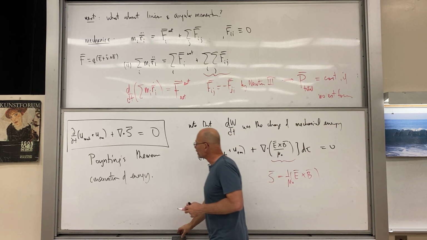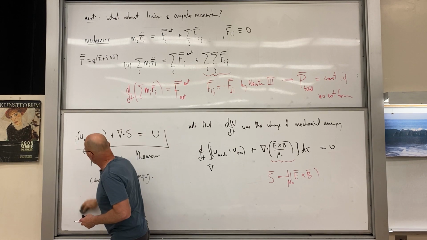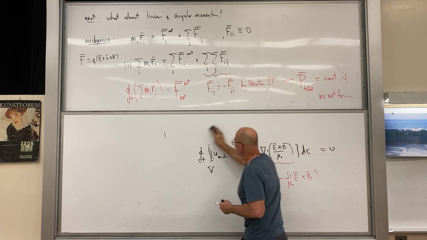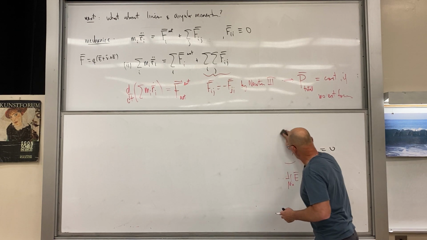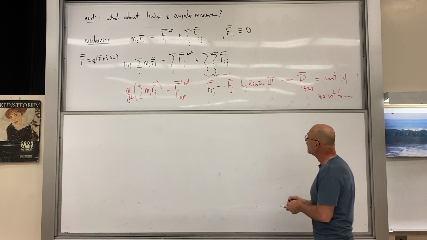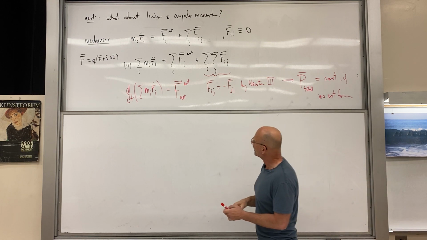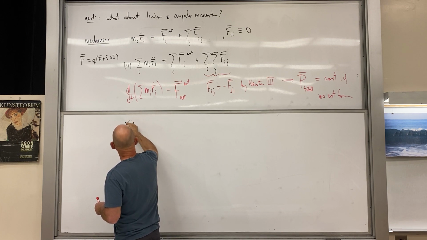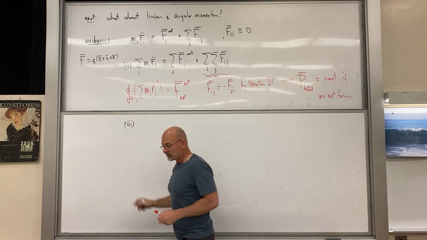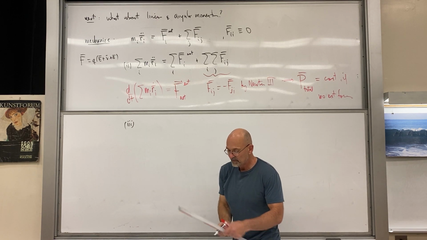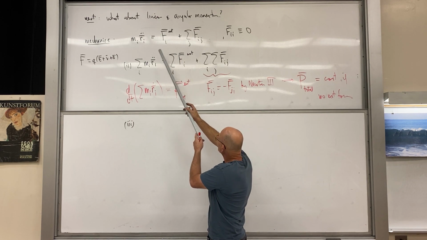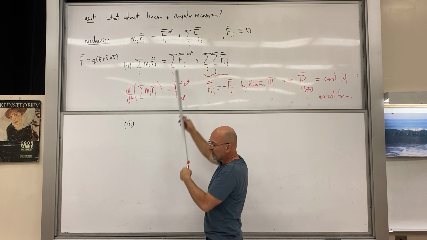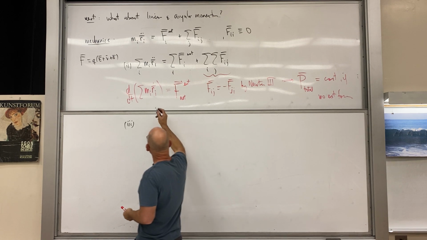Now we have something similar with the angular momentum, and I'll just remind you of that argument as well. So the other possibility here, or the other thing we had to do, call this 3, was to cross multiply this equation from the left by r and then sum. So I'll do both of those steps at once.